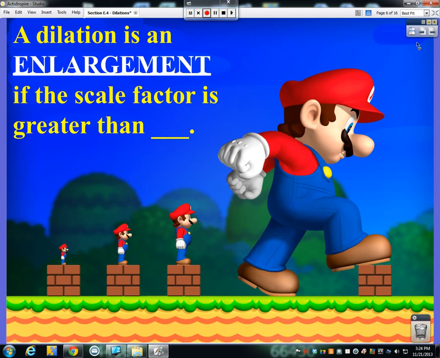A dilation is considered an enlargement if the scale factor is greater than 1. So if you multiply something by 1, it stays the same. But if you multiply a number by something larger than 1, then it gets larger. And there's our enlargement. So we have little mini Mario, regular Mario maybe, big Mario, jumbo Mario.